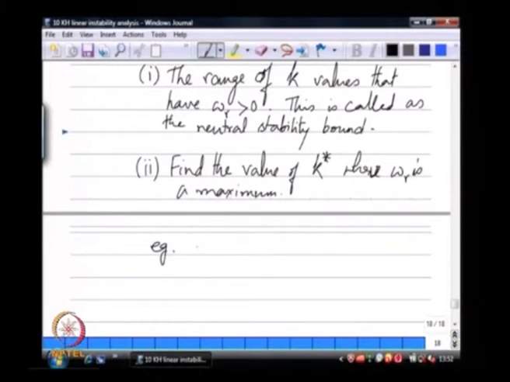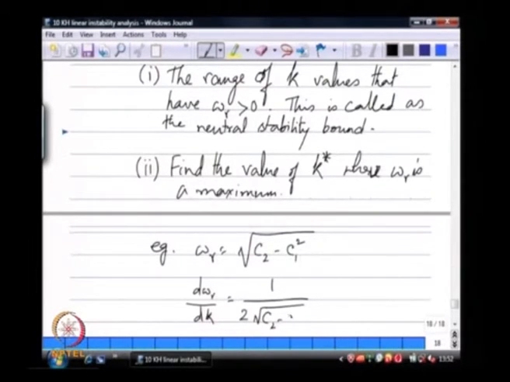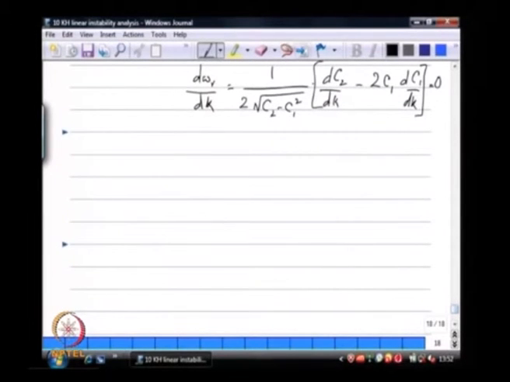Again for the example, if omega r is the square root of C2 minus C1 squared, if I take d omega r dk, that is 1 over twice the square root of C2 minus C1 squared, times d C2 dk minus 2 C1 d C1 dk, and this is equal to 0 at the maximum point.